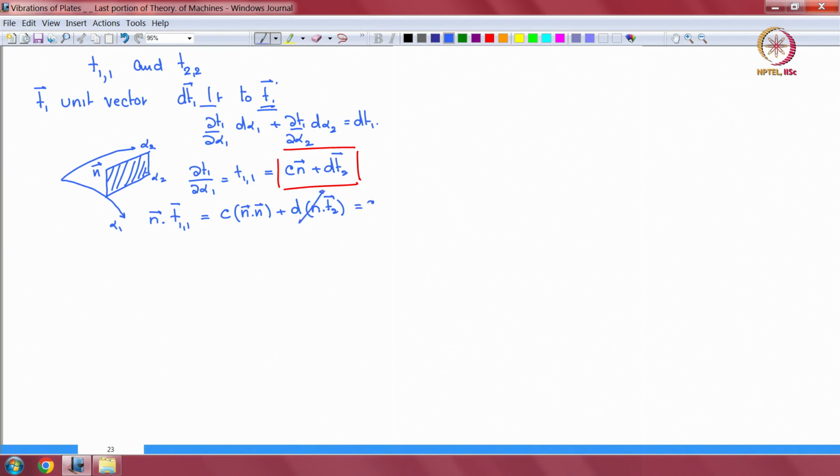So, this gives me C. Next, T2 dotted with T1,1 is equal to C T2 dotted with N plus D T2 dotted with T2, which is equal to D. So, D comes from here.